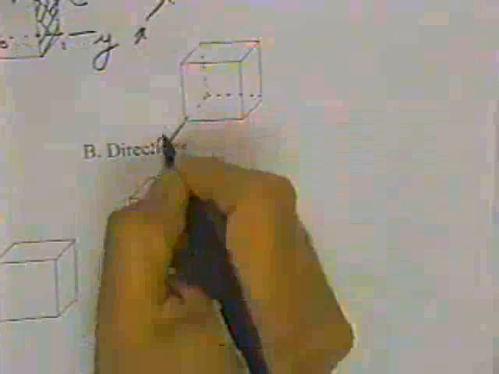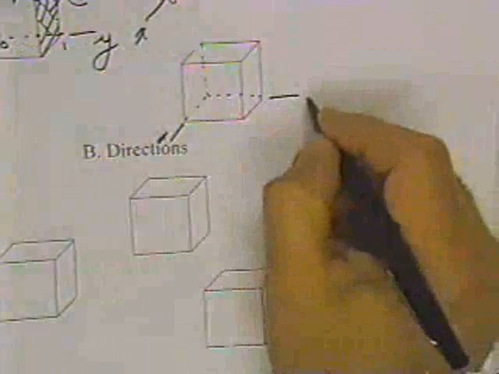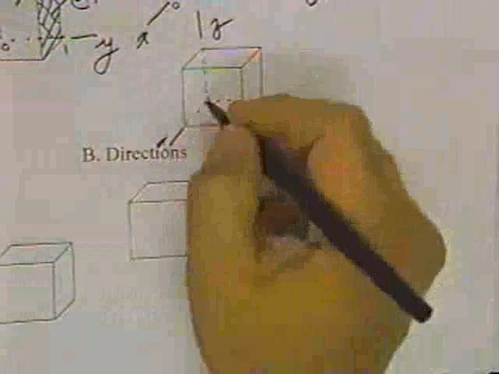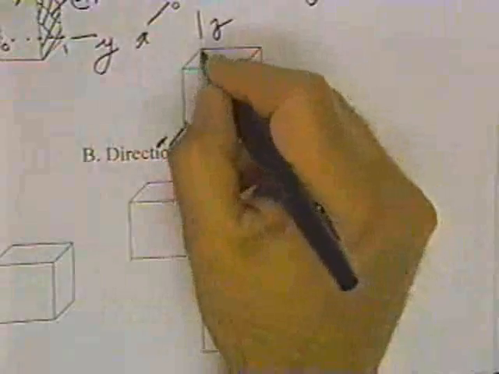And let's try one more. And I would encourage you just to fool around and practice with these a little bit. There's some examples in the handbook there. So X, Y, Z, and let's do this plane right here.